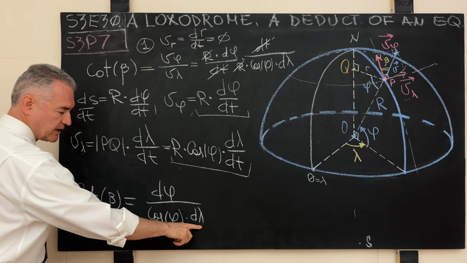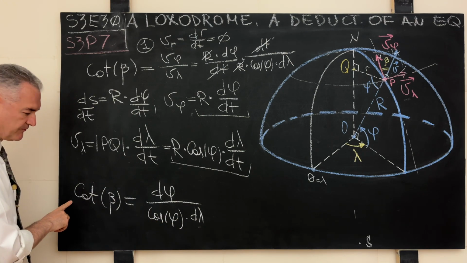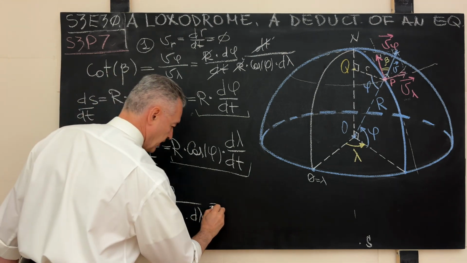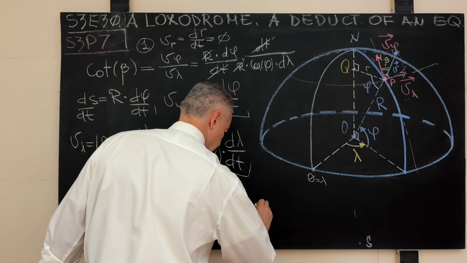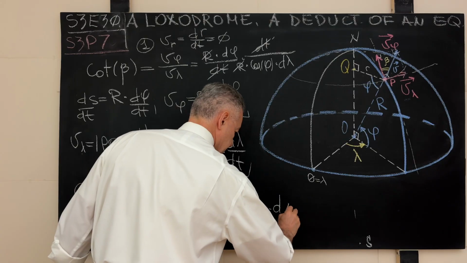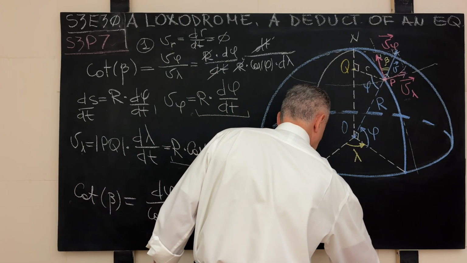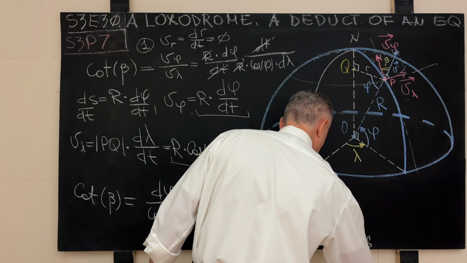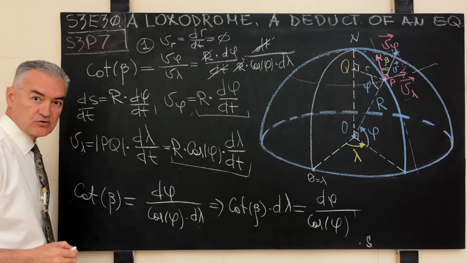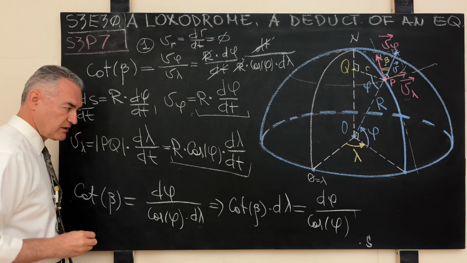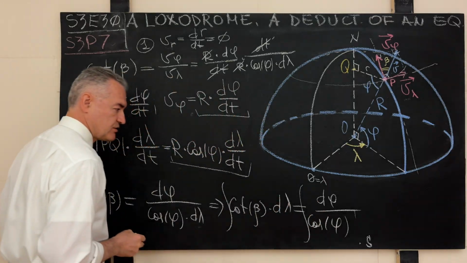We can move d lambda from the denominator of the right hand side into the numerator of the left hand side, and what will we have? We will have a constant real number, cotangent of beta, times d lambda is equal to d phi over cosine of phi. And now, what is the next maneuver if you were solving this problem on your own? Exactly. We will integrate both sides of this relation.